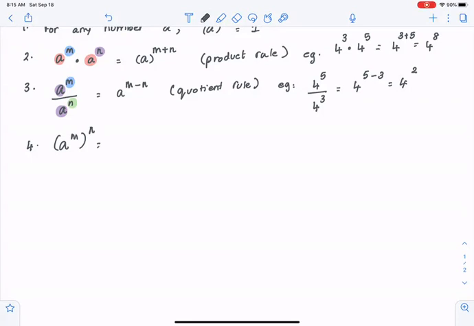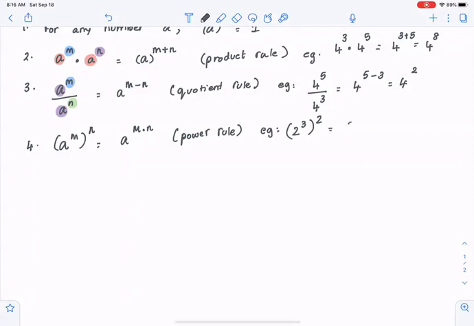Suppose we have a single base raised to the power of m, and we take the entire term and raise it to the power of n. Then I could write it as a raised m times n. That is what we call the power rule. For instance, suppose I have 2 raised 3, and I raise it to the power of 2.